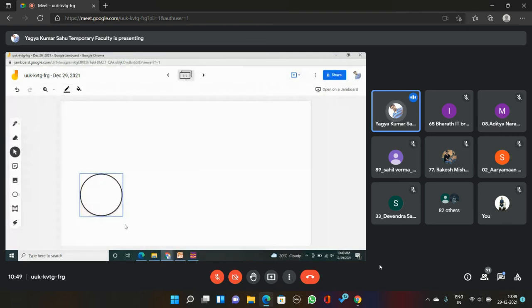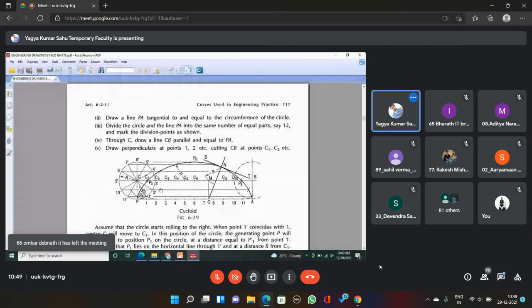Now tell me, suppose I want to draw this curve. What do we need to draw this curve? Apart from instruments, what information, or what raw material, do we need? This curve has a circumference.